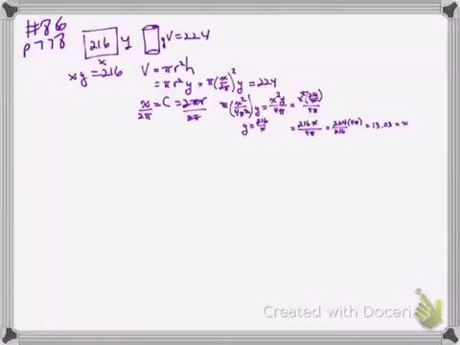And then I take 216 over x to equal y. So that's 216 over 13.03. And that will equal 16.57.